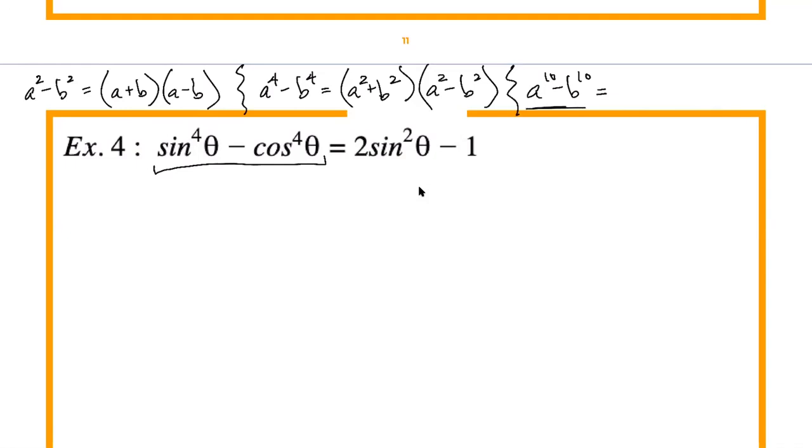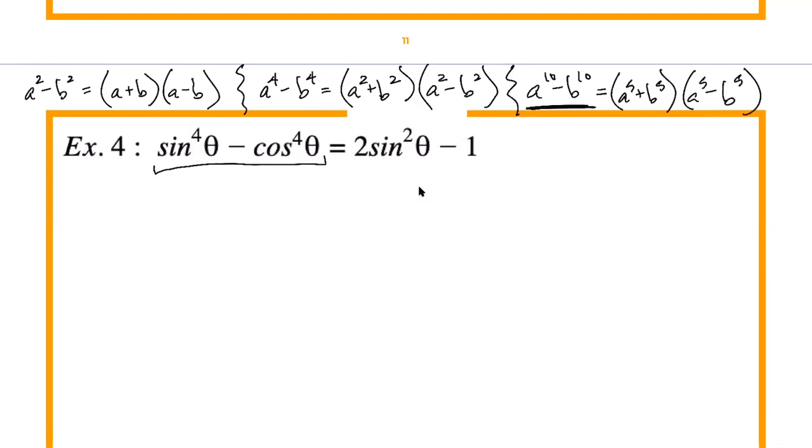Oh, sorry, I was asking about this. A to the 10th minus b to the 10th. Oh, sorry. That's okay. I got you for that next step, though. We'll write it down in a little bit. But folks, what does a to the 10th minus b to the 10th factor into? A to the 5th plus b to the 5th times a to the 5th minus b to the 5th.